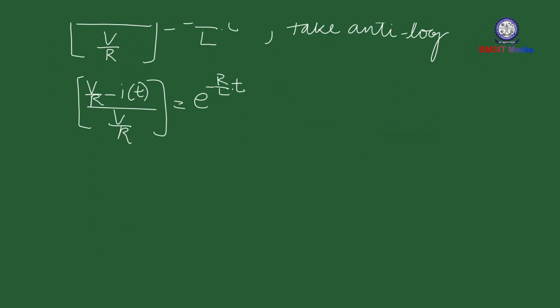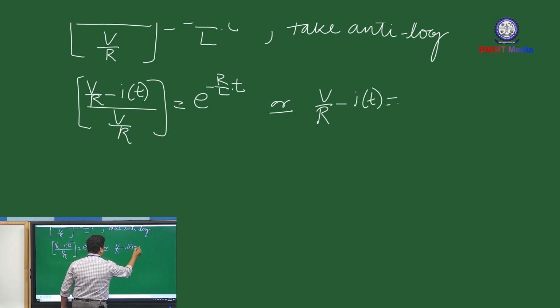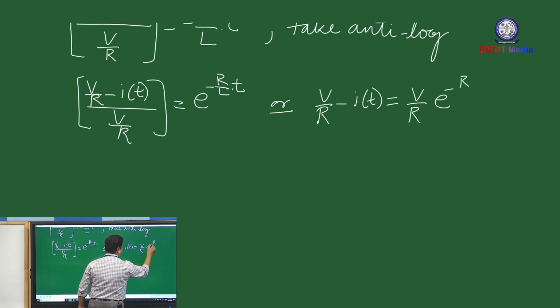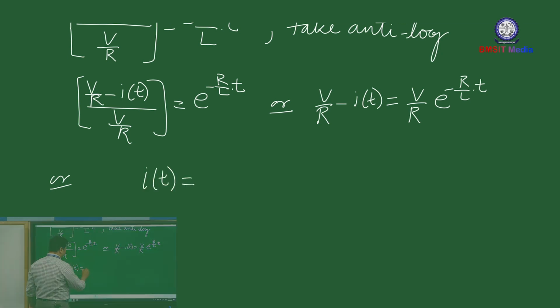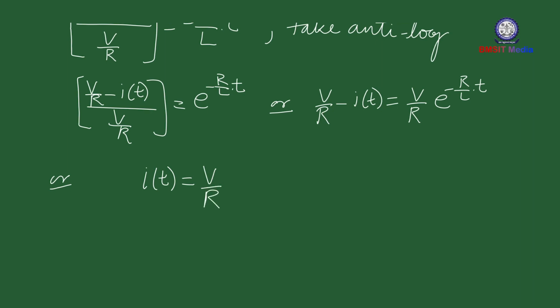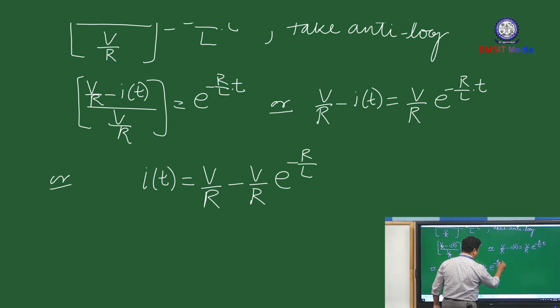So rearranging the terms, I will rewrite this as V/R minus I(t) equals V/R e to the power minus R/L into t, or the final expression for the current I(t) is equal to V/R minus V/R e to the power minus R over L into t.